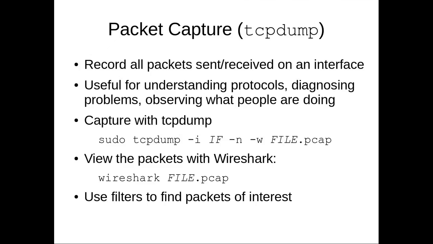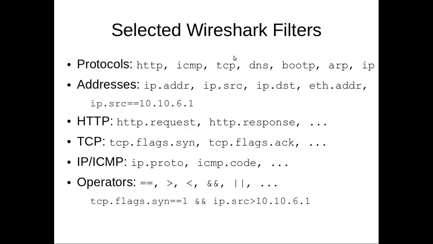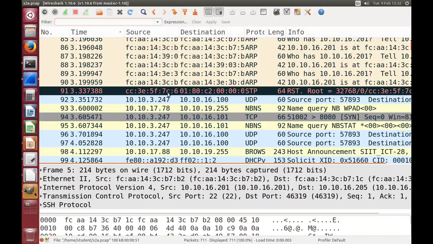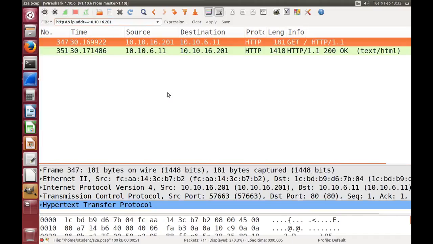And on the slides, I give some example filters. You can try some of them. You'll work out the best ones for you. I'm going to filter and try and find HTTP and IP address equals me. Show me all the HTTP messages where the IP address, source or destination, is my computer.